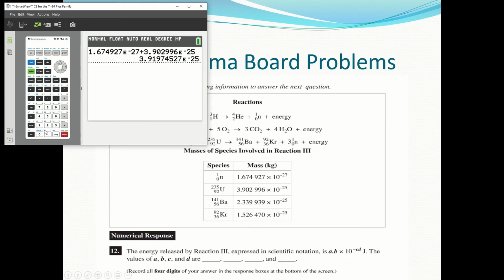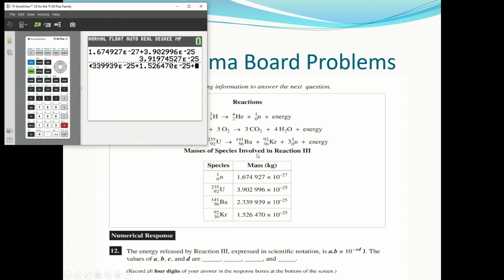And then I add up the mass of my products. So we have the barium, which is 2.339939 times 10 to the negative 25. And then we have the krypton, which is 1.526470 times 10 to the negative 25.